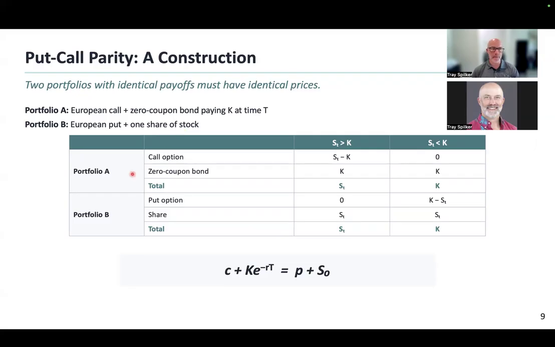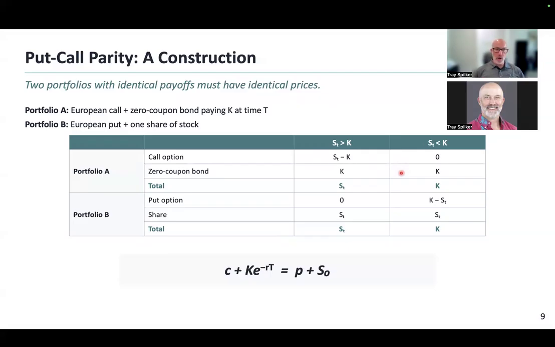So portfolio A is a long call and a long investment in a bond that pays off K. You can see in the payoff world in the future that if the share price is above the strike price, the call option ends up in the money. So this is the payoff. And if it's out of the money, that is the share price is below the strike price, it's worth zero. In all cases, the zero coupon bond is worth K at maturity, right?